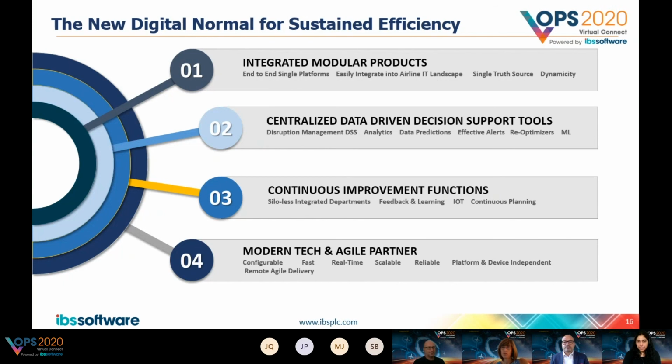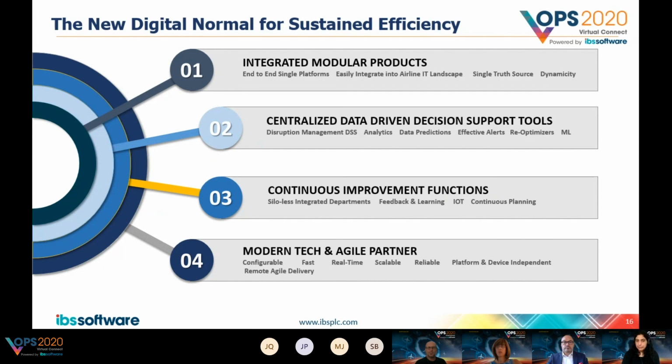Integrated modular products, which would have central data and be connected so that easier decision making and dynamicity of operations are supported. Centralized data-driven decisions. Continuous improvement functions, and linked to that more IoT and machine learning and feedback loops, because process improvement and cost reduction are required, which will be helped by continuous improvement functions.